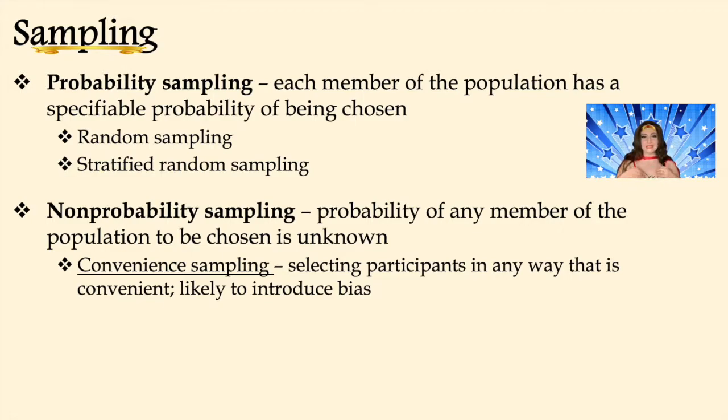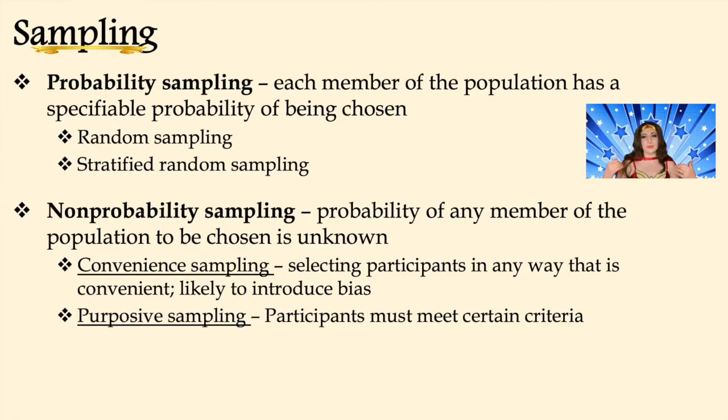So that is called a convenience sample. It is convenient to use those particular types of participants in order to collect your data. So this could possibly introduce bias, but more importantly, it also affects your ability to generalize. So you can only generalize your research findings to the extent of the types of participants you had.